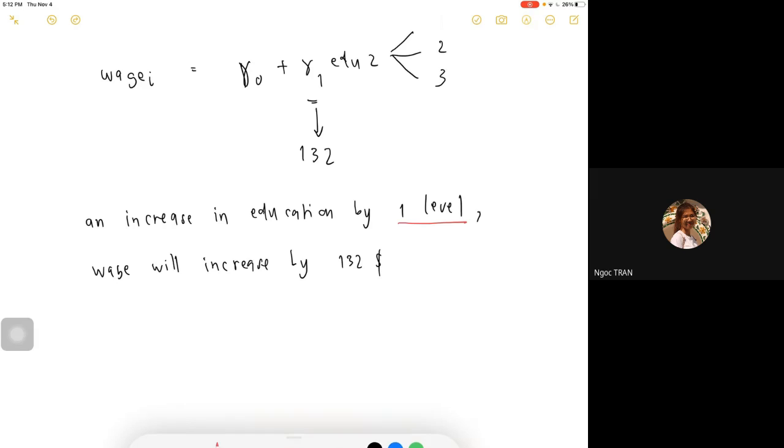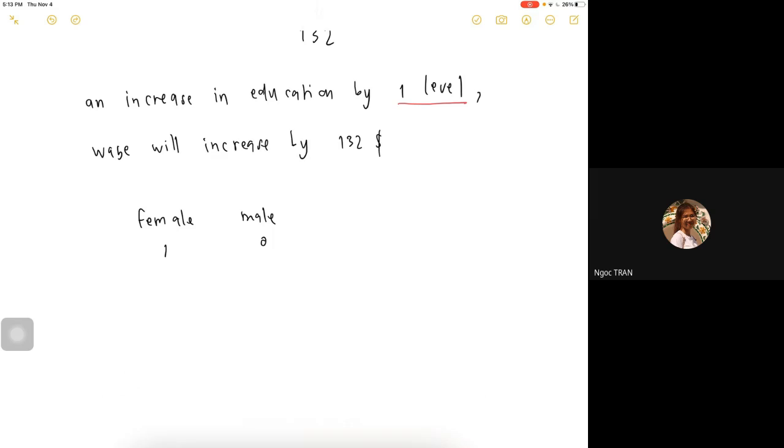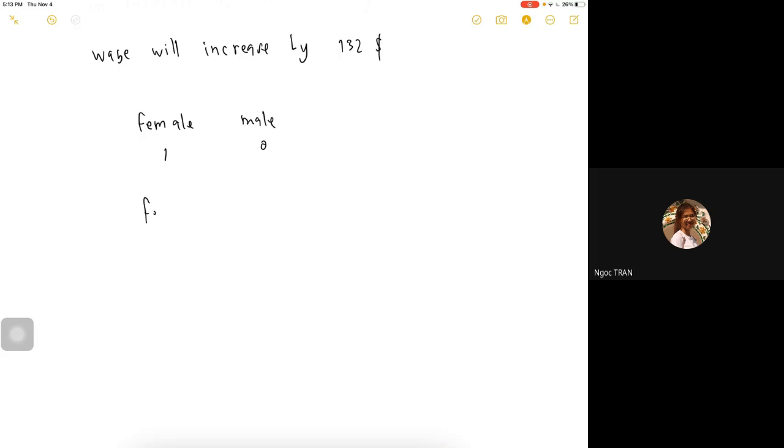So I recommend that, for example, for gender, if you have female and male, it should be fine, right? Because if you set female equal to 1, male will be equal to 0 automatically. But if you have more than 2 genders, for example female, male, and also others, you have to ask yourself which one would be better based on your research question.